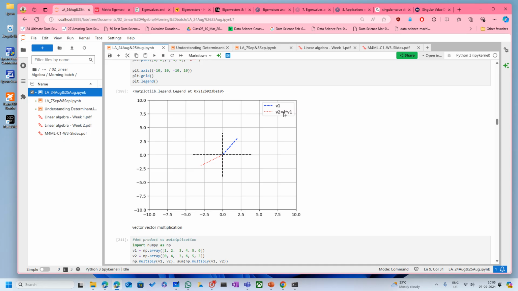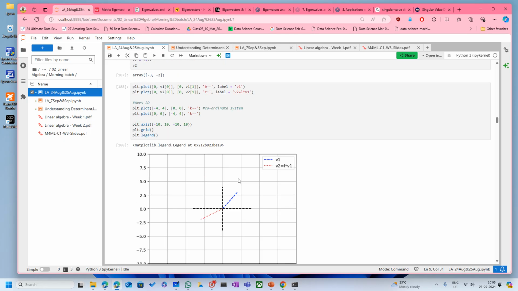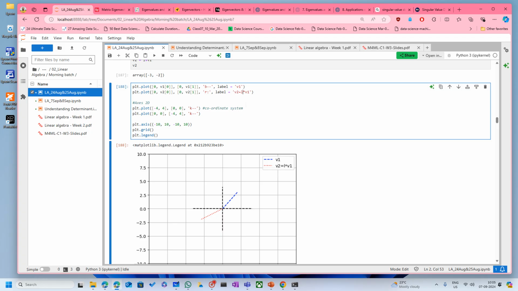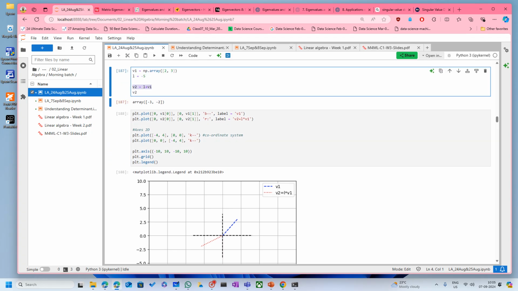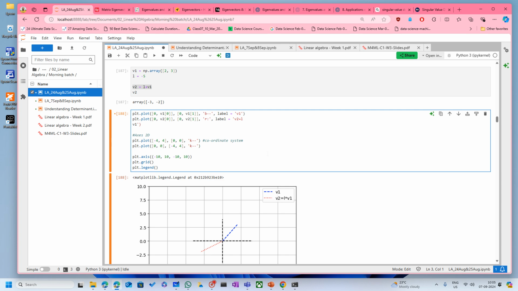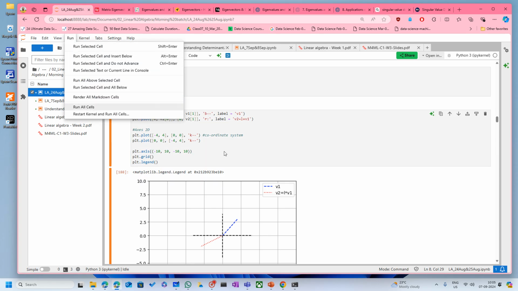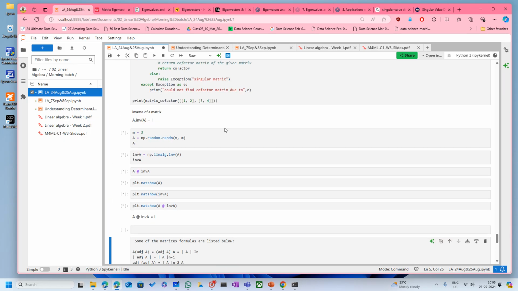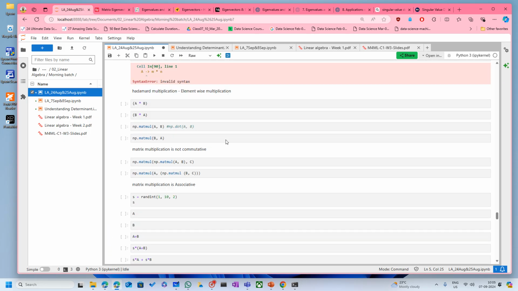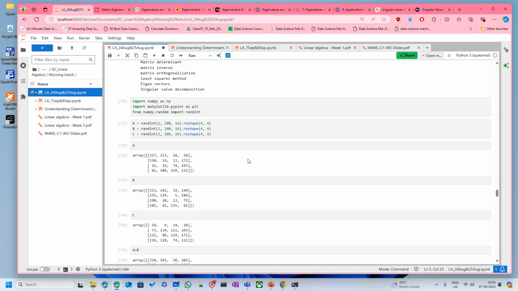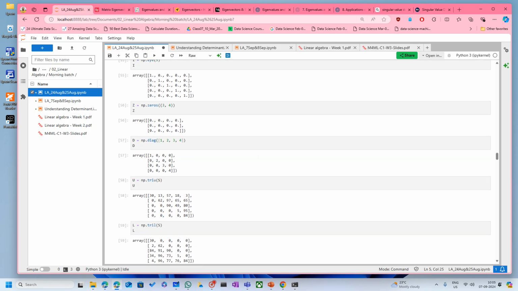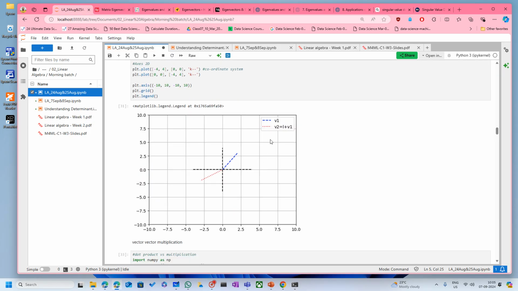And when you add a value to a matrix, ideally this should have been addition because we are adding here. So this is incorrectly represented in the image. This has to be addition. If I do a run all here, you will get the transformation done on the file, and that transformation happens to be addition.